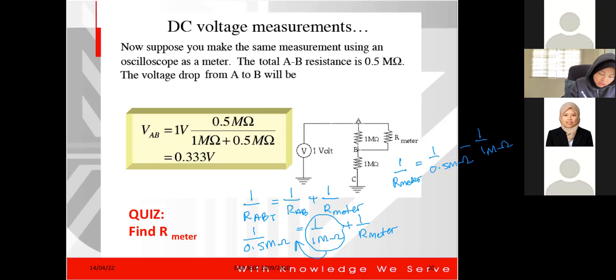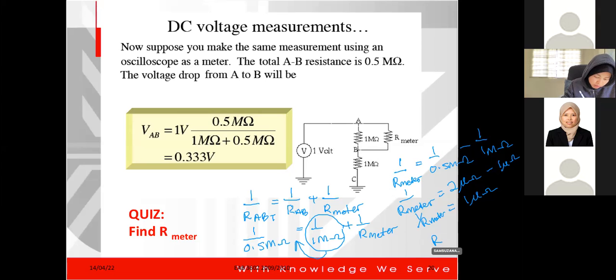So you sama ada nak guna calculator ke, ataupun secara manual pun boleh. 1 over R meter is equal to 1 over 0.5 mega. You akan dapat 2 micro siemens minus 1 micro siemens, which is equal to 1 micro siemens kan? So 1 over R meter is equal to 1 micro siemens.